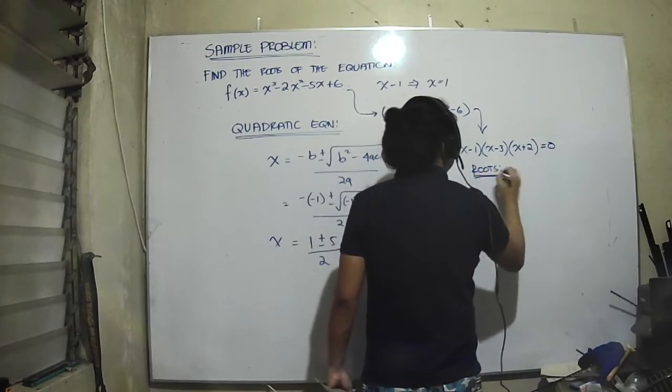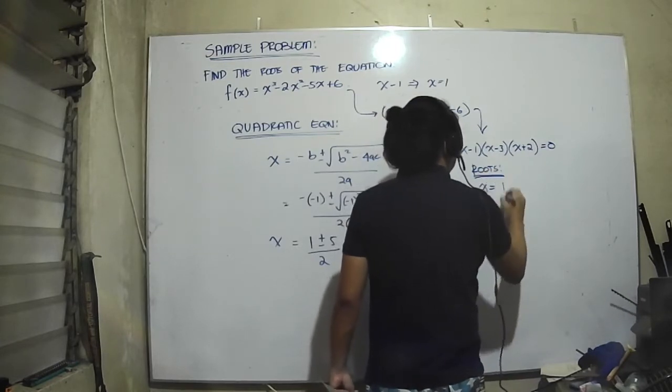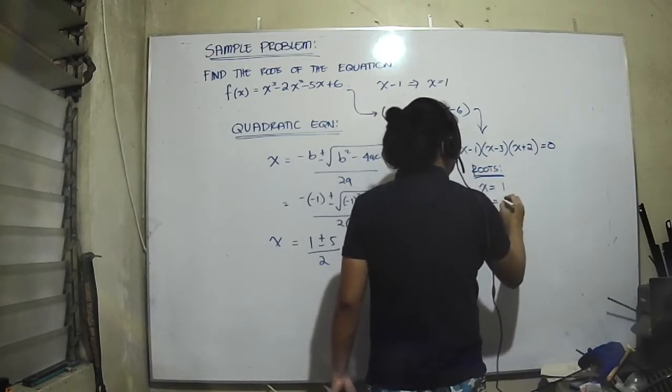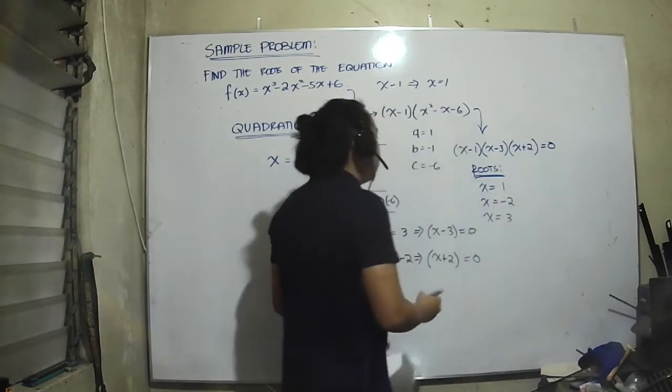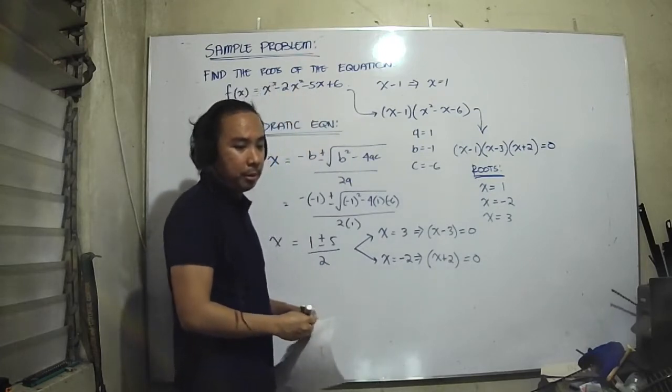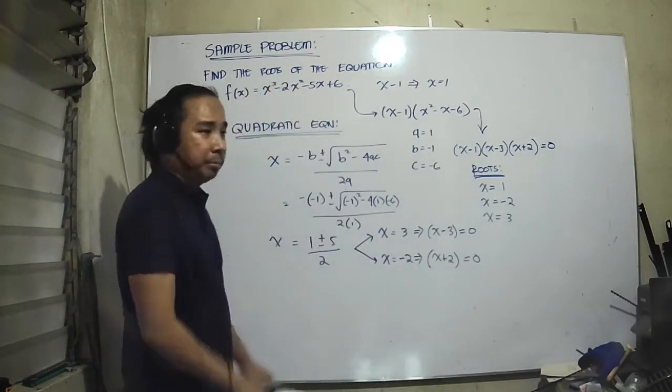Roots would therefore be x = 1, x = -2, and x = 3. These are the roots of this equation.